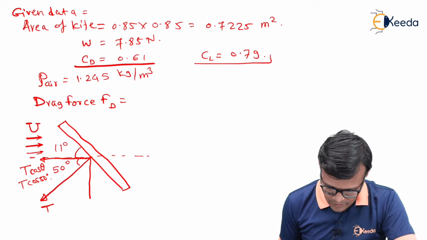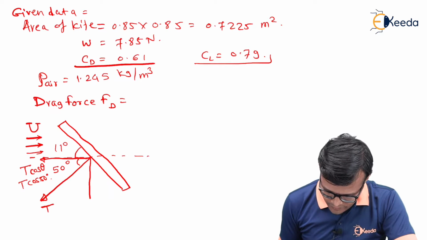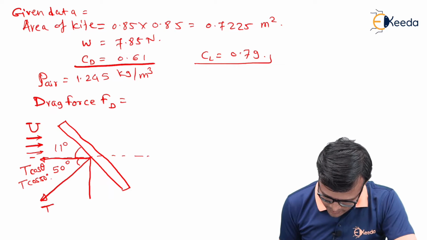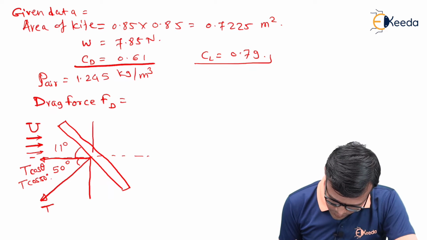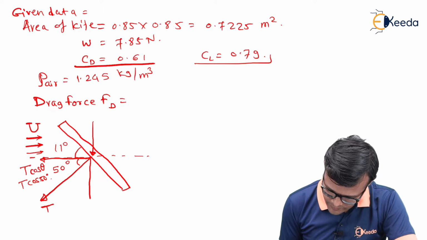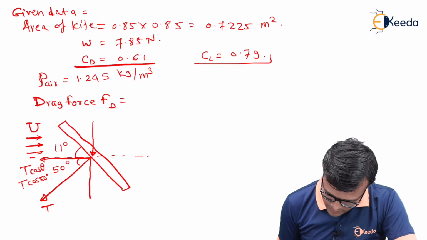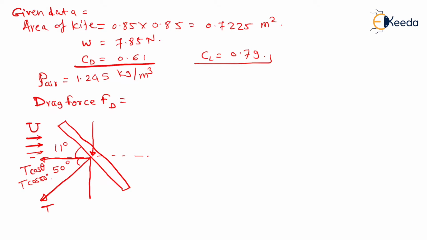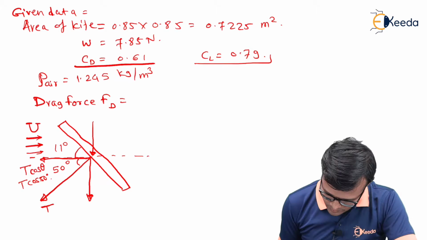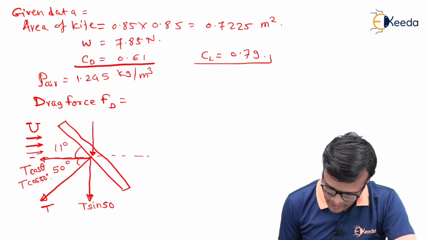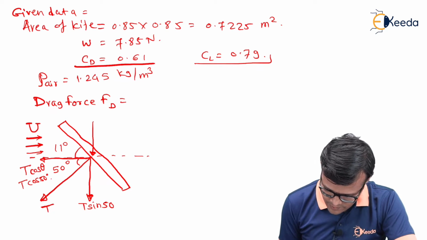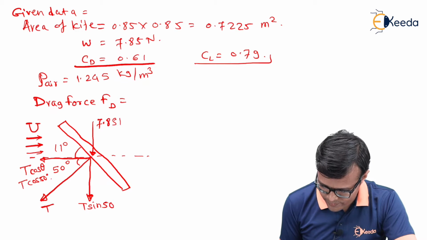And for lift force purpose, we have to consider one more force, that is self weight. Say for example, this is T sin 50 and this weight is given to us as 7.85 Newton.